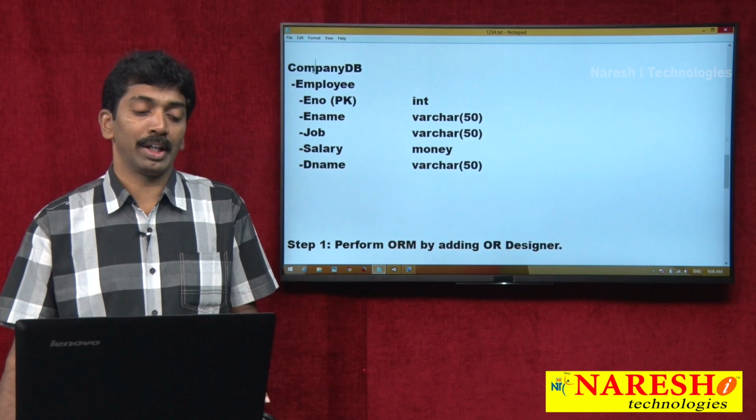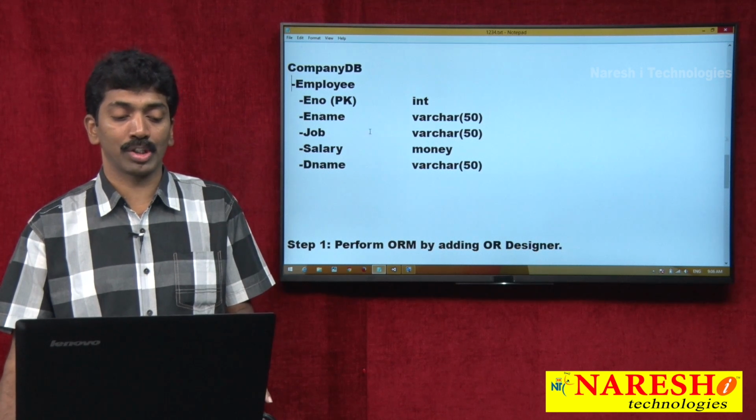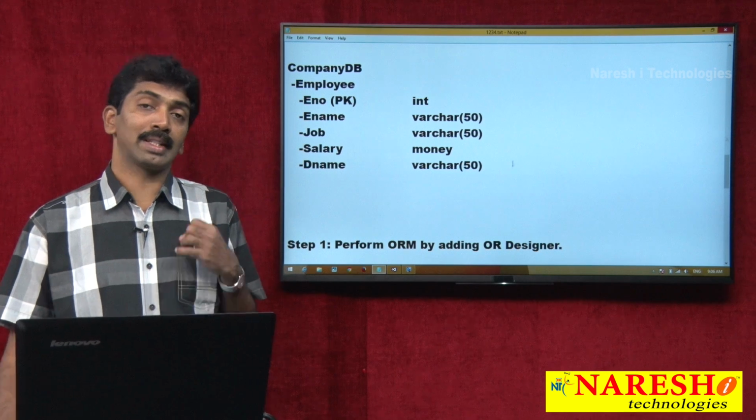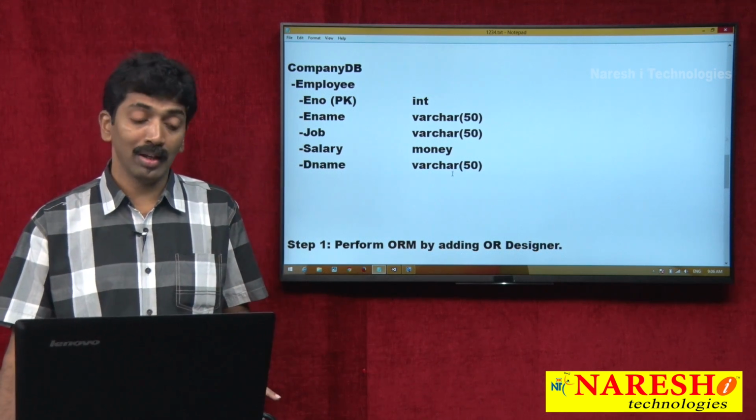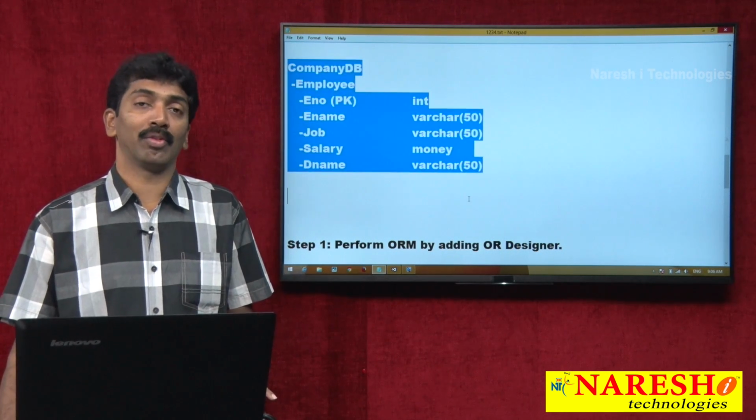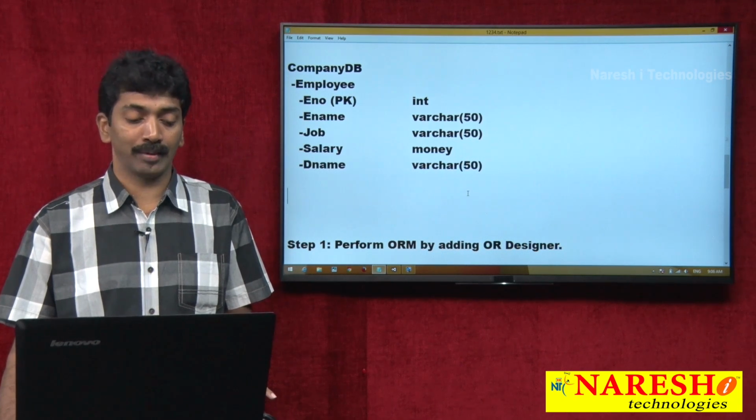So create a database, create a table with these columns, and also insert some data into the table. Meanwhile, make it ready: one database with a table with some data.